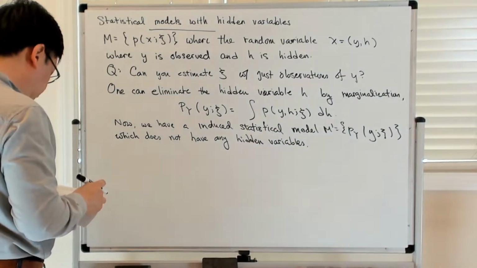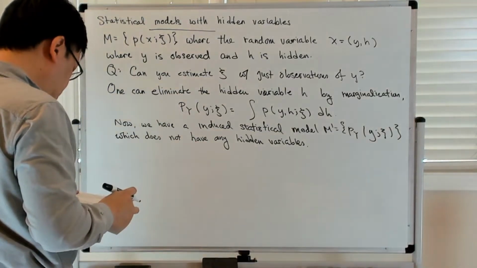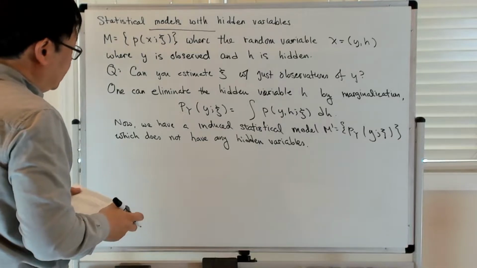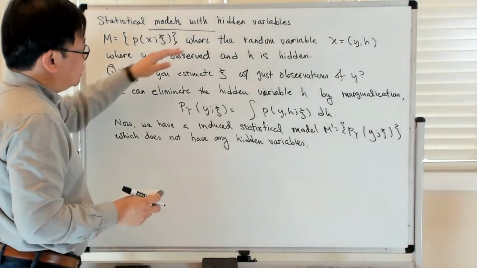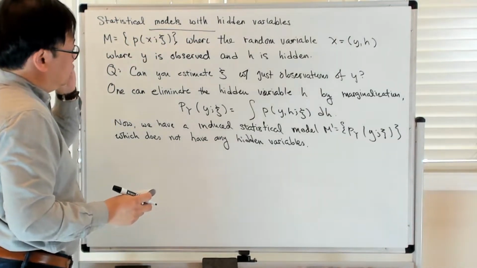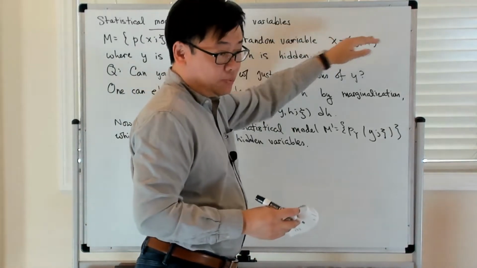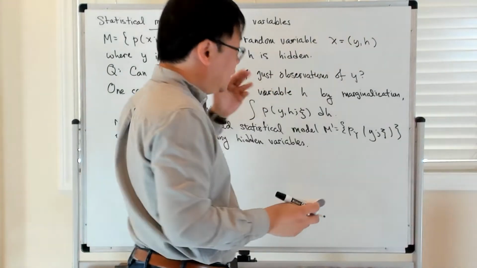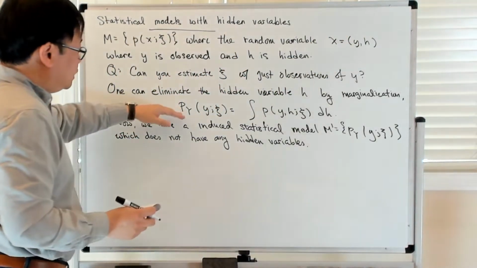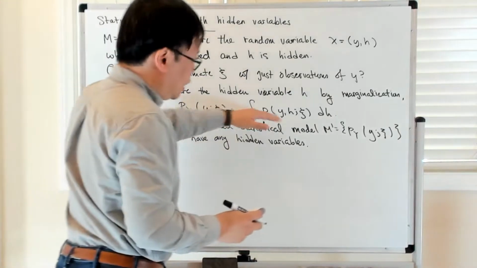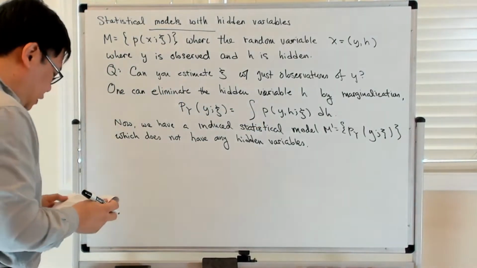Okay. So the problem is that sometimes the distributions in the original space with the hidden variables are nice, but the distributions which come from marginalization are complicated.